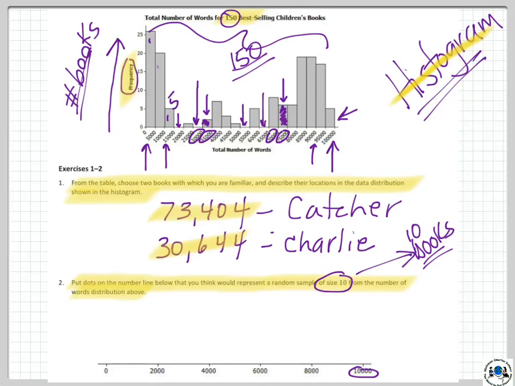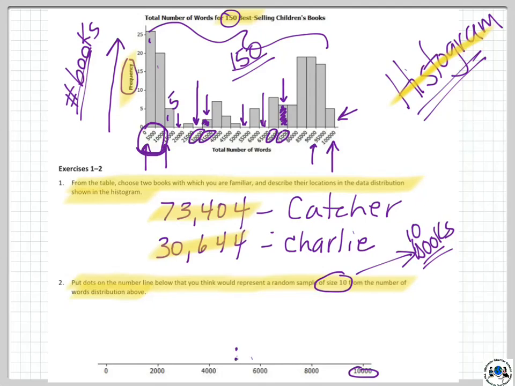We're only looking up to 10,000 words, which is just right here, these two bars, and we have about 46 books there, and it looks like more towards the 5,000s. So if I were to make little dots, I'd probably put a bunch here.